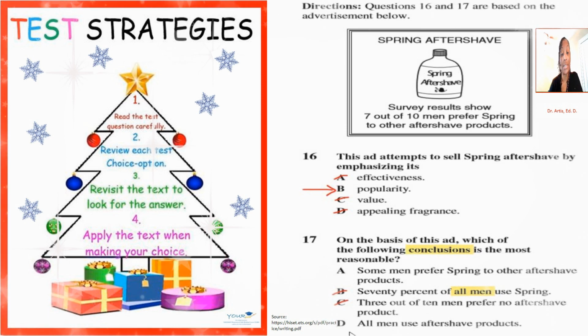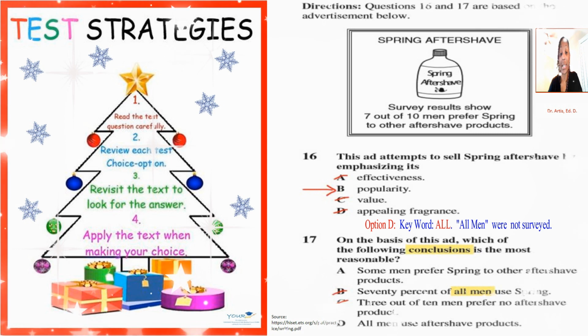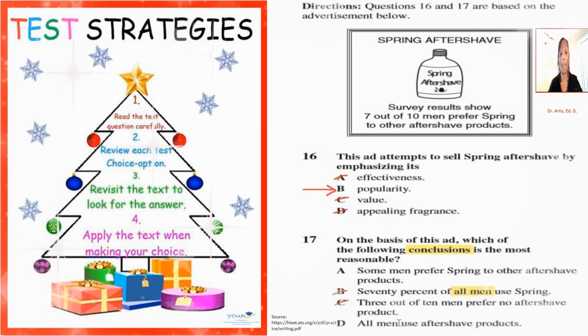When we look at option D, we have all men use aftershave products. Well, we do not know this to be true because it states all men. And there could be some men who do not use any aftershave product, okay? So in terms of option D, we're going to eliminate option D as well because we cannot draw this as a reasonable conclusion.